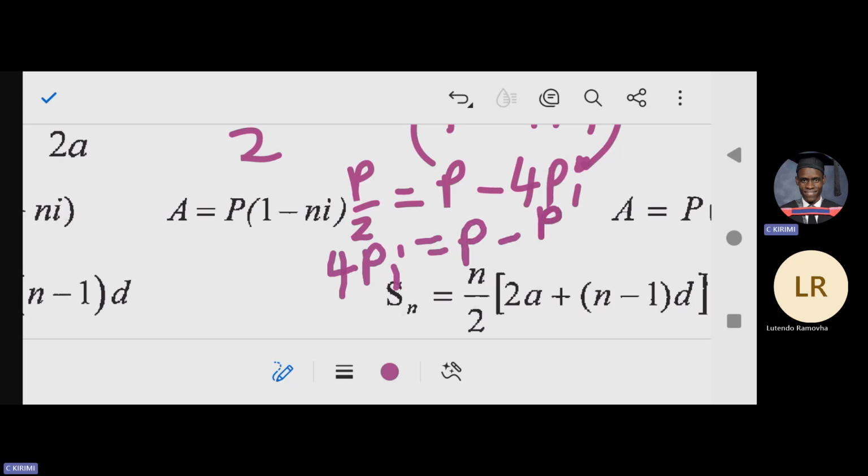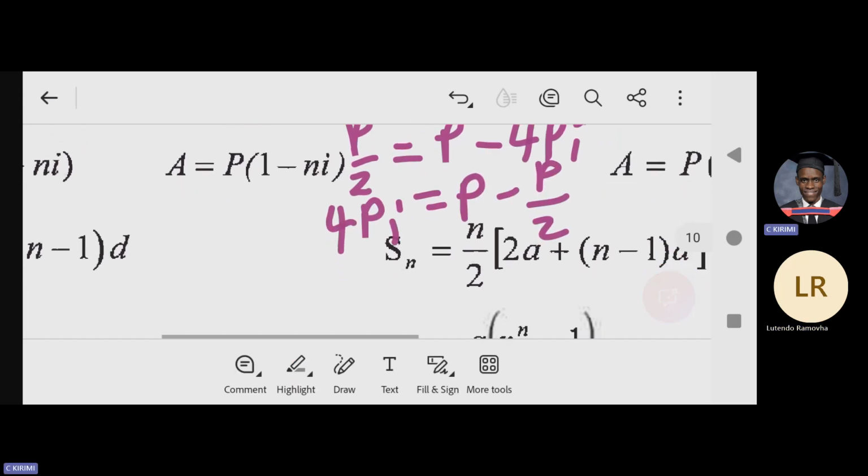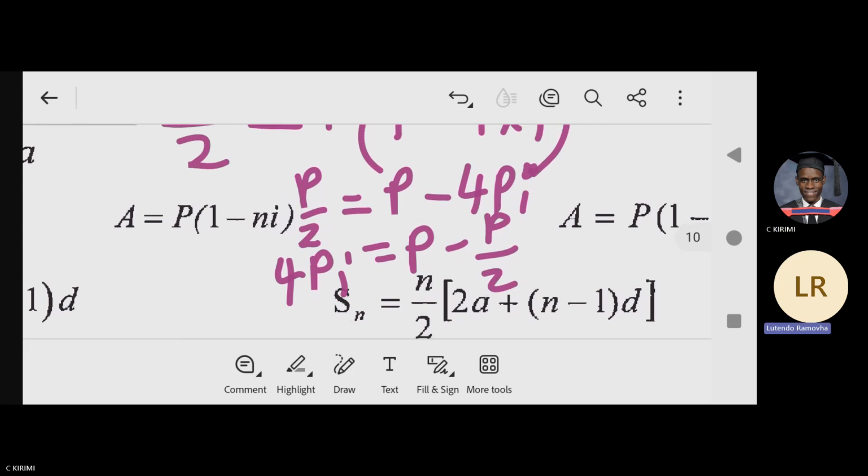So 4PI is equal to P minus P over 2. Continue from here and tell me what you are getting for I. Let me see how good your algebra is. Make I the subject of the formula.